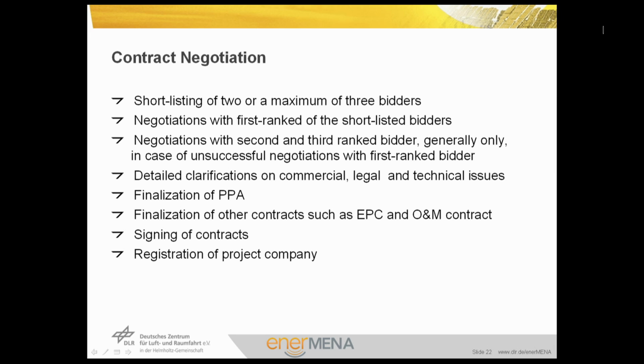Detailed clarifications on commercial, legal, and technical issues take place also in this stage up to the finalization of the power purchase agreement and the finalization of other contracts such as engineering, procurement and construction, and operation and maintenance contracts. And finally, signing of these contracts and the registration of the project company.